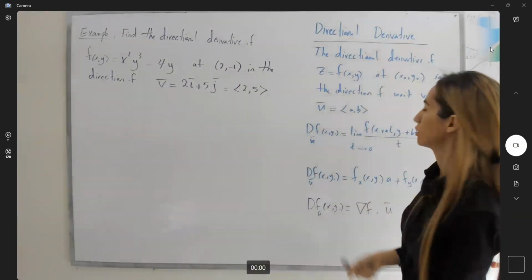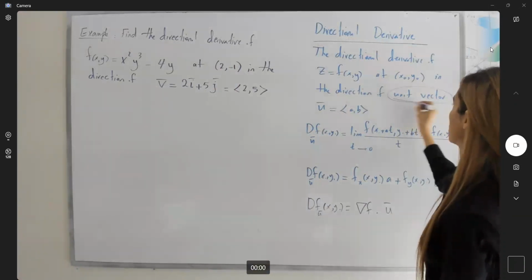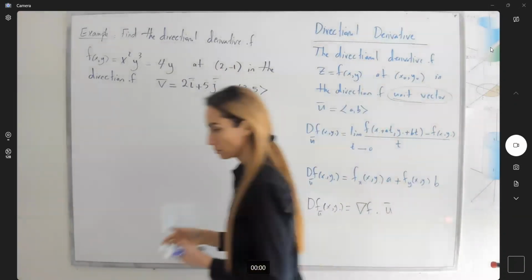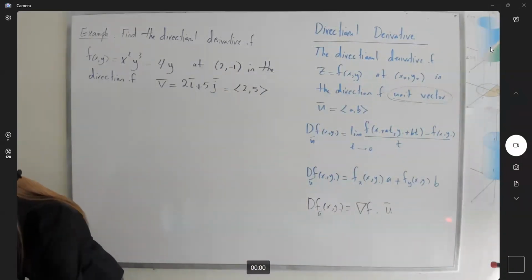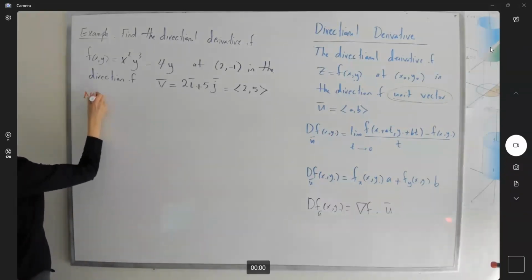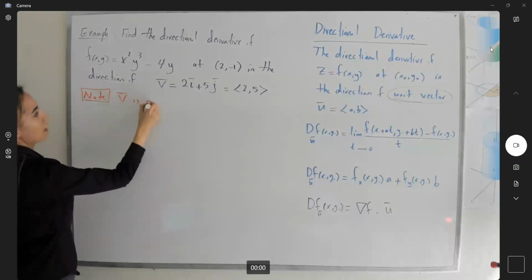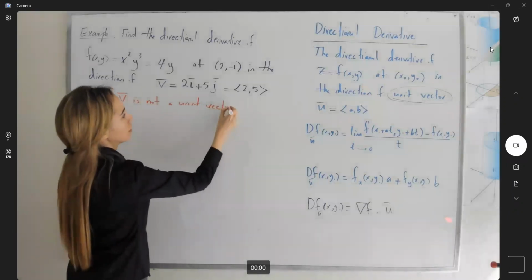We're looking at the definition. We know that we need to have a unit vector. You need to check to see if this is a unit vector or not. Important note, let's use a different color. v is not a unit vector.